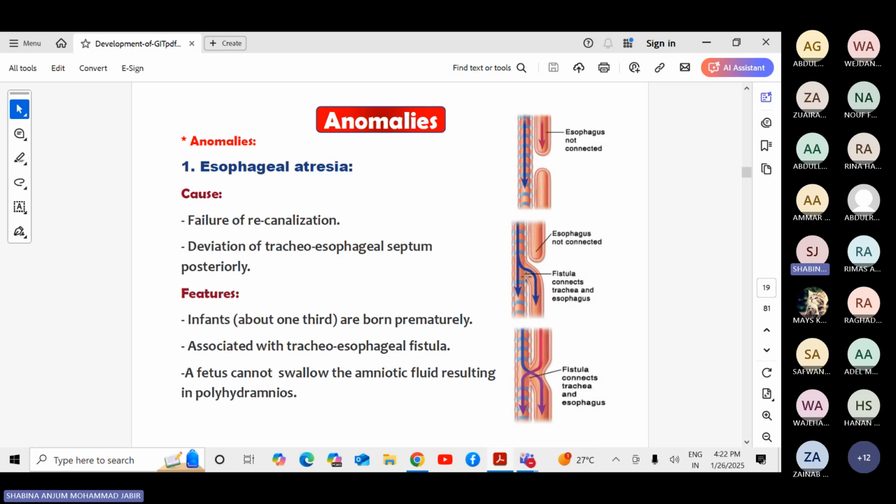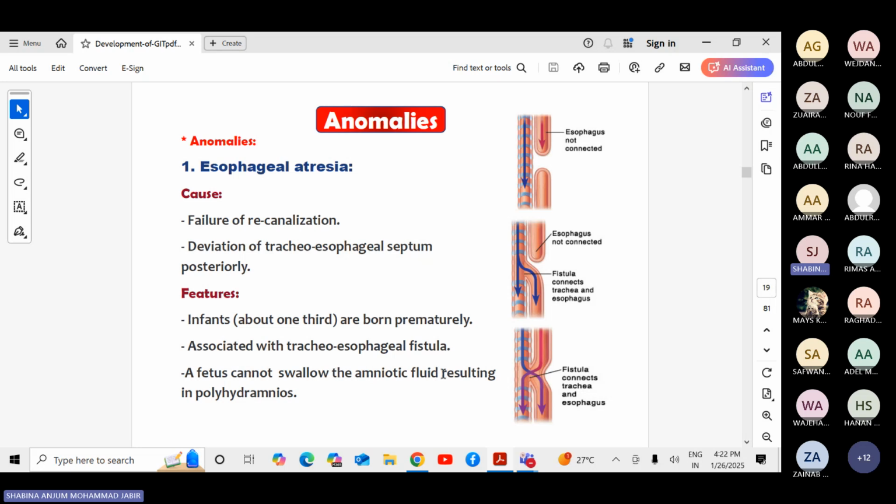It is called tracheoesophageal fistula. Generally it will not be seen unless the infant is born prematurely, which has not completed the full term.